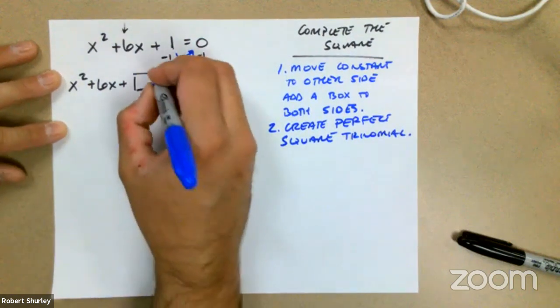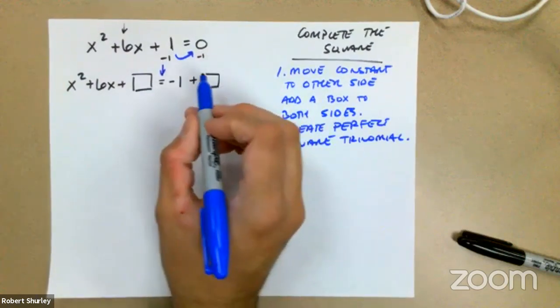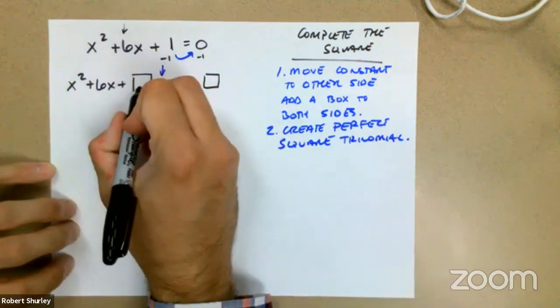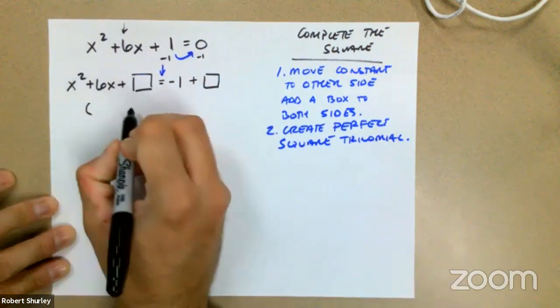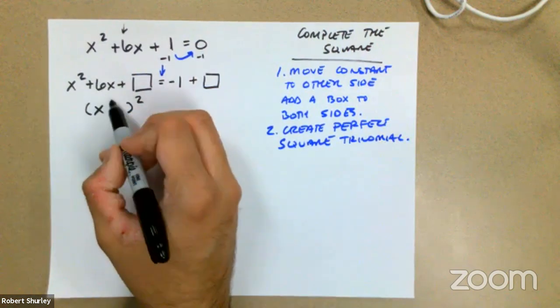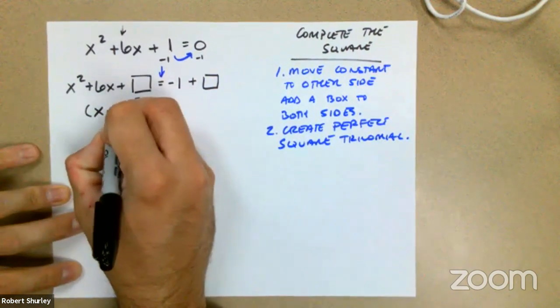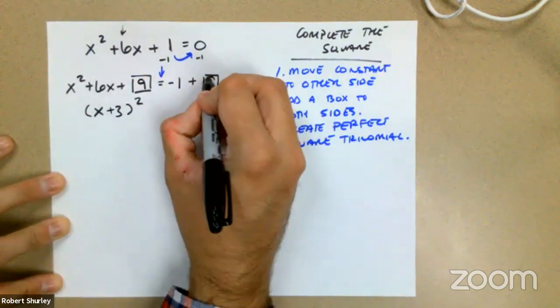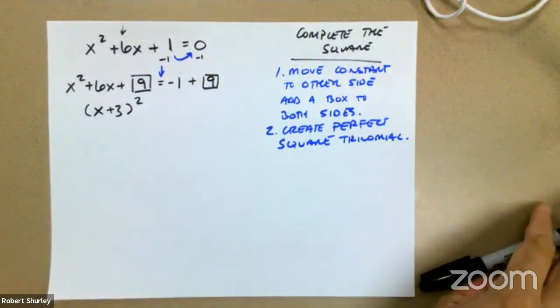It's an equation. Whatever we do to one side, we have to do to the other. So now going back to our example, remember for this box, if we were going to make the perfect square trinomial, we really divide the 6 by 2. And then we square it. So the 9 goes here, but a 9 also has to go here.